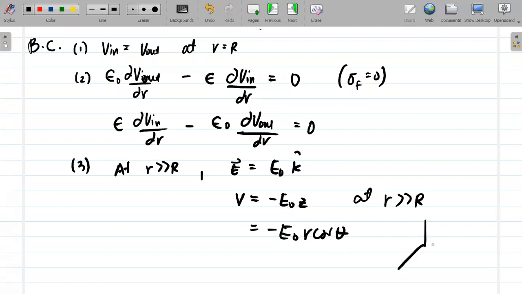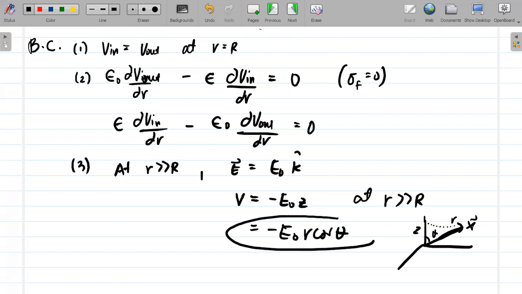In spherical coordinates, meron kang R vector, tapos yan ay may magnitude na R, tas ito ay theta. Tapos, itong Z, that is R cos theta. So, kaya, pwede siyang isulat as this one.